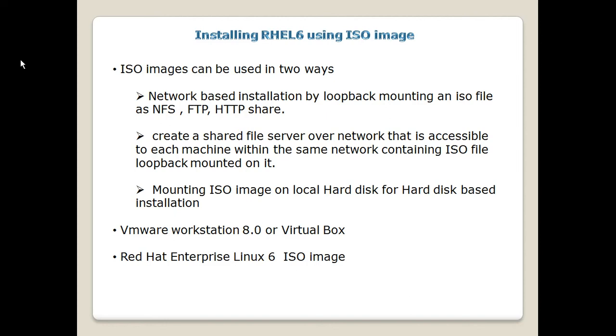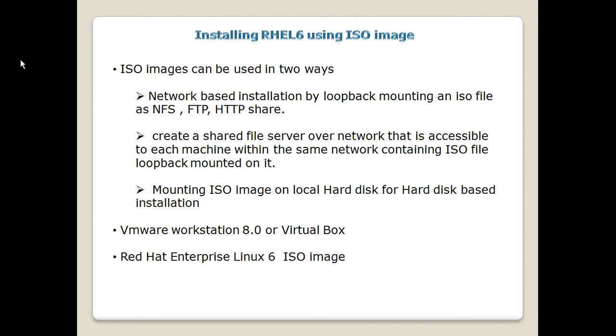Amongst them, one of the ways is network based installation, where you mount an ISO file over an NFS, HTTP or FTP share, and you allow your client machine to access that ISO file or the boot image from that network location, or you create a shared file server over the network, or you mount an ISO image on the local hard disk for the hard disk based installation.